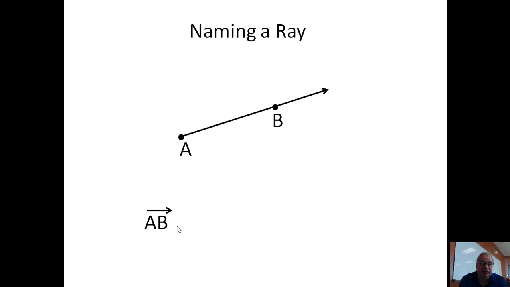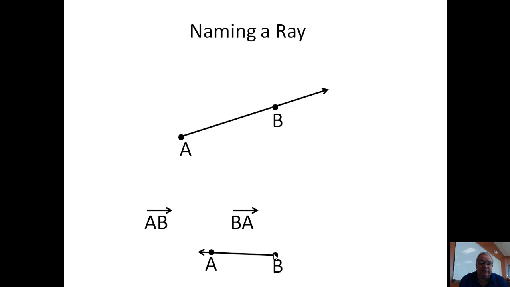So let's talk about some common wrong ways of naming this. Ray BA. Again, I said that was wrong because that would mean that it starts at B and it goes forever through A. So that's what I'm going to show you here. BA, we start at B, we go forever through A. So B is the origin. It's where it starts.